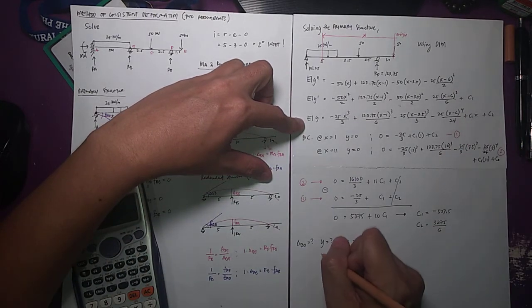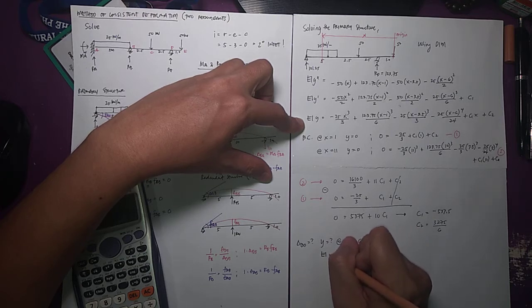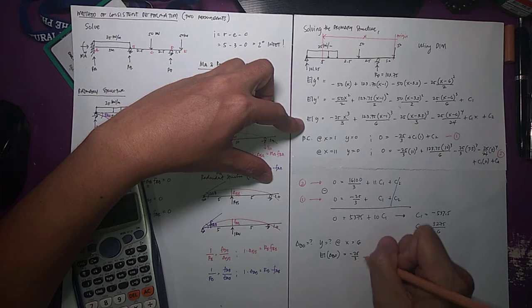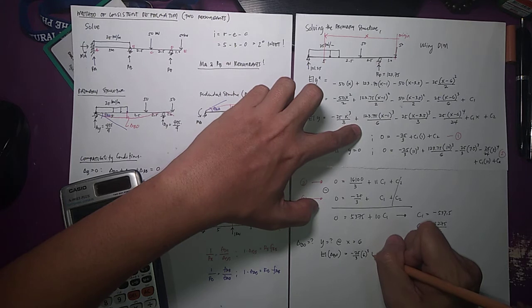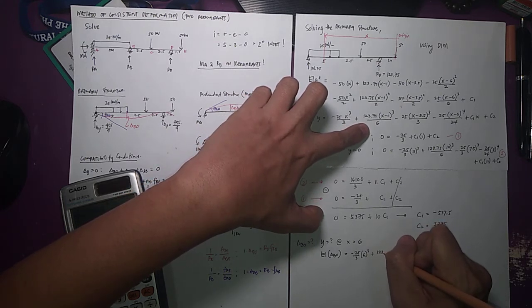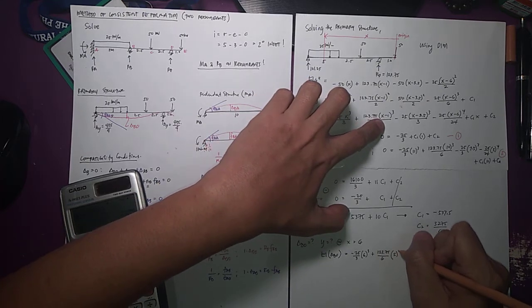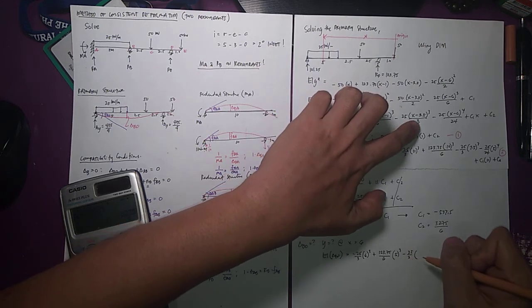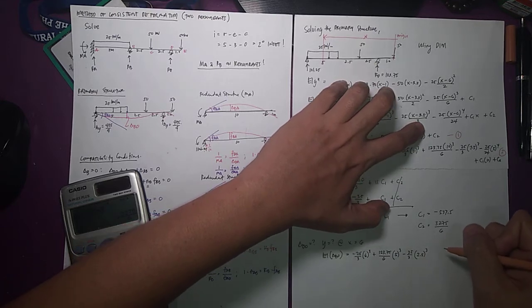So that would be EI delta BO is equal to negative 25 over 3 times 6 cubed, plus 123.75 over 6 times 6 minus 1, which is 5 cubed, minus 25 over 3 times 6 minus 3.5, which is 2.5 cubed.